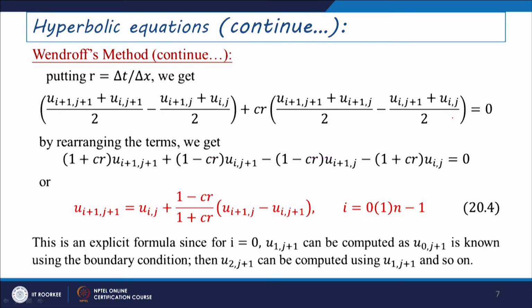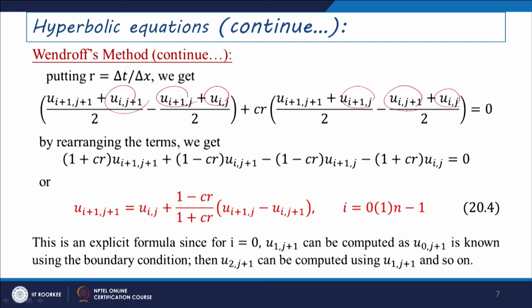And if we put r equals del t by del x and rearrange all the terms, we will have terms like u i plus 1, j, u i, j, and the terms containing u i, j plus 1.